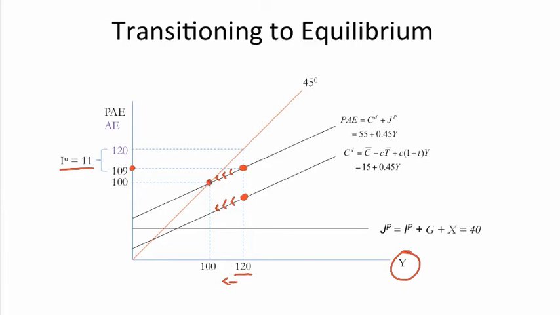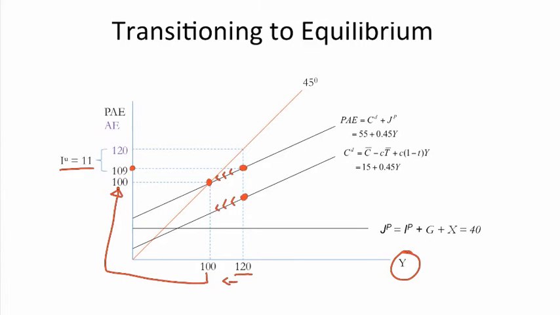Once we reach this point, however, we have correspondence between what firms are producing and what the economy is planning to spend. We no longer have this unexpected increase in inventories. Firms therefore stop adjusting production. They keep production at 100.